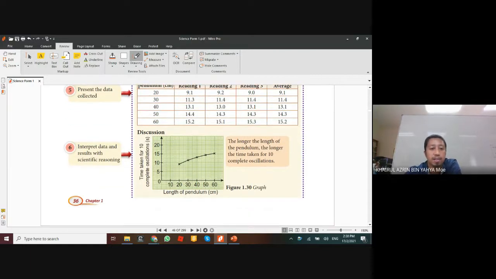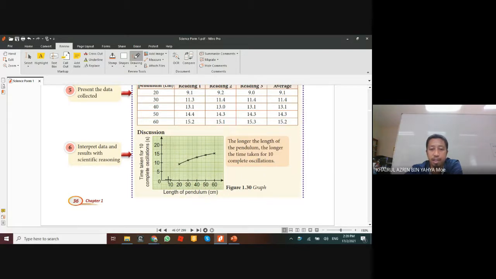So this one is in a table, and then we interpret the data from the table using a graph. Here we can conclude that the longer the length of the pendulum, the longer the time taken for 10 complete oscillations.